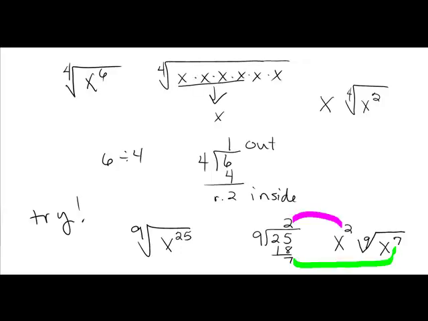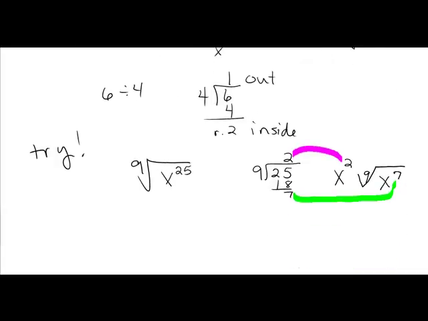Okay, so I used a little bit of color here to highlight that, the 2 is what's on the outside, the remainder of 7 is what will be on the inside. Well, let me change that color.